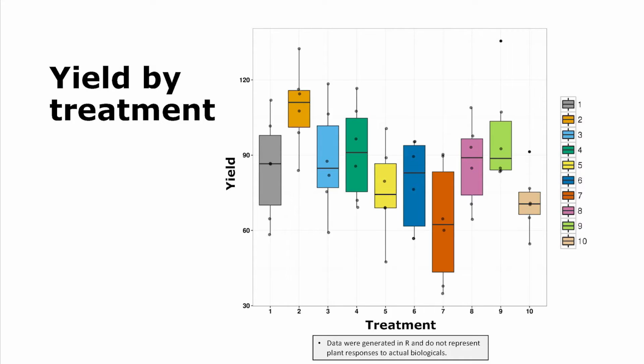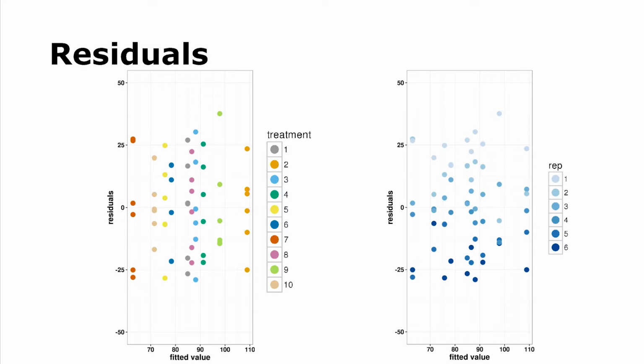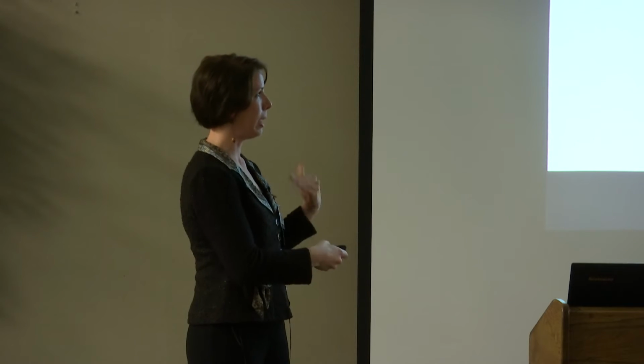Okay, so, and if you wanted to, then you could plot yield by treatment. So here's the yield data as a function of treatment, different yield in different colors. Okay, all good so far. Then I could fit a mixed effects, or I'm sorry, just a regular linear regression model to this data, and with fixed effects. So I would give a different intercept to every single treatment, estimating the mean.